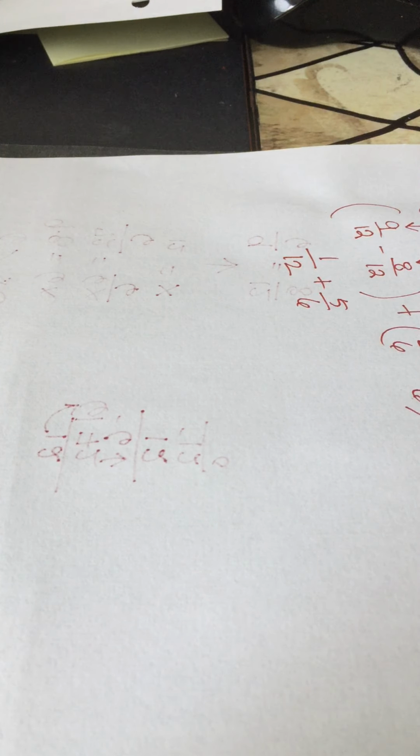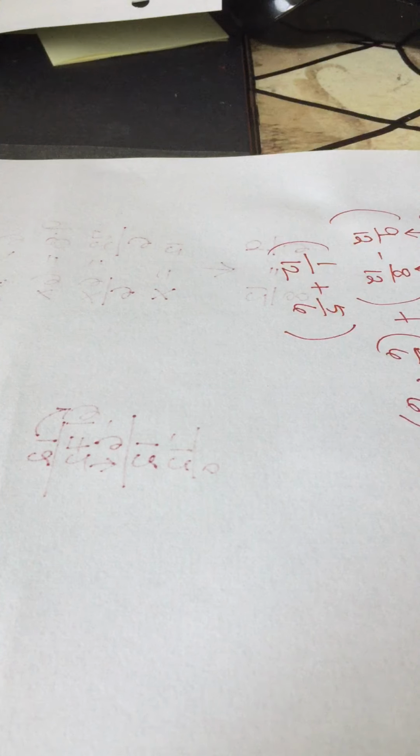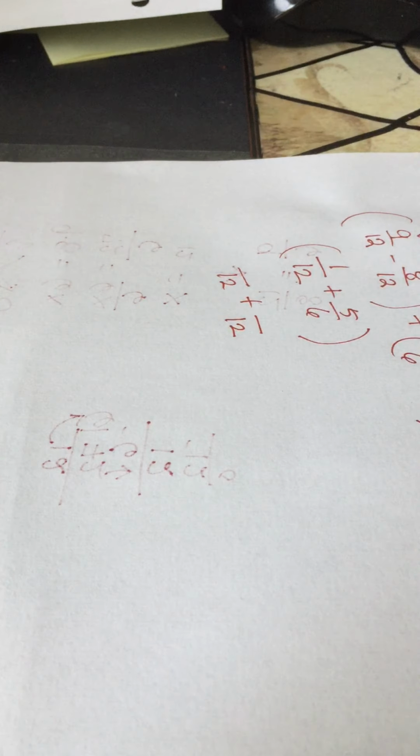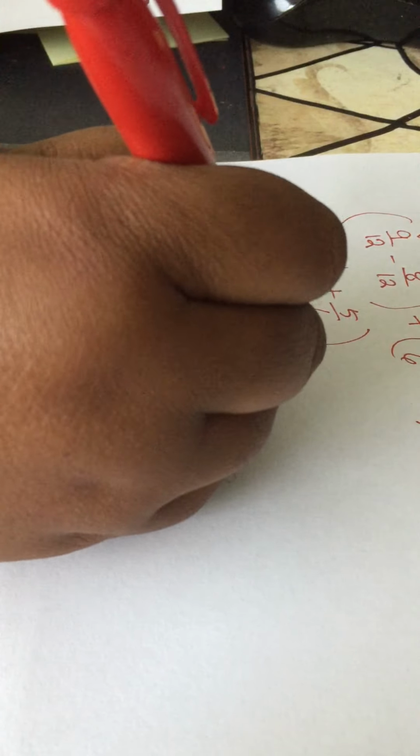Now, once again, we're going to have to do something similar to what we did before. Let's find common denominators. Since I know that 6 is a factor of 12, we're going to use 12 as our common denominator. 12 will go into 12 one time. 1 times 1 is 1, so that will remain the same. 6 will go into 12 2 times. 2 times 5 is 10.